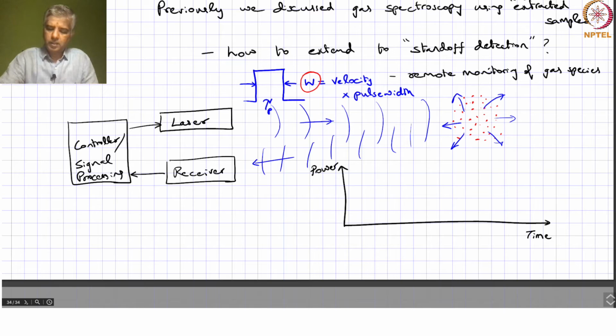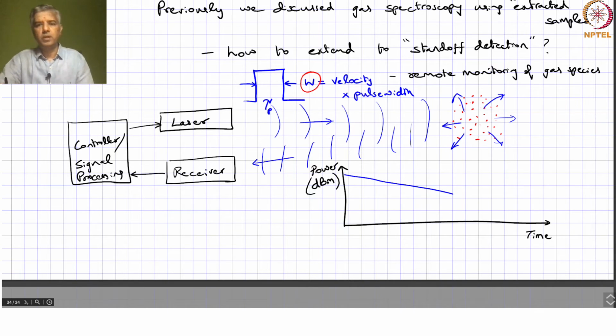Well, I get to see a certain amount of received power initially, let's say somewhere over here. Let's say we're doing this in dB scale, so the power is measured in dB with respect to a milliwatt. It will keep going down, and it's a straight line in dB scale.